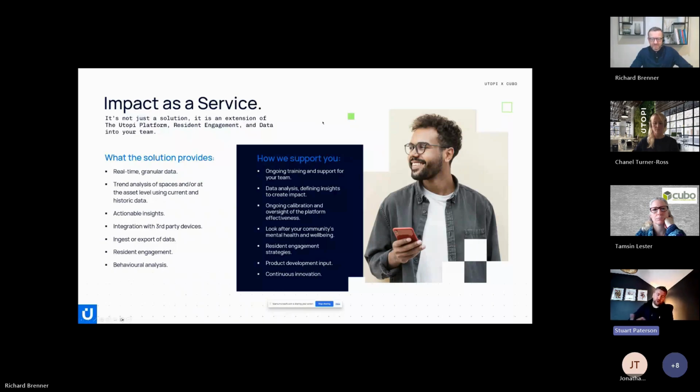So with the Utopi product actually comes impact as a service, and like I mentioned, that's essentially an extension of your operational team. Our team will help with platform training based on the data that we have on your buildings. For example, we'll set up key reports and alerts.